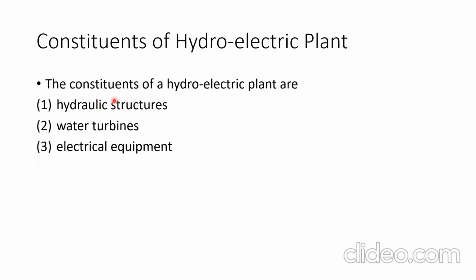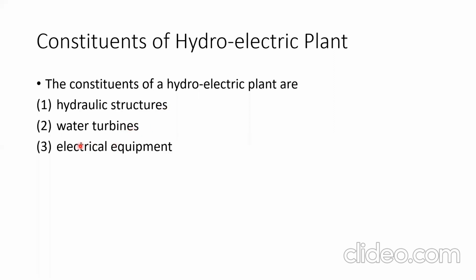The main constituents of a hydroelectric power plant are, first, the hydraulic structures, which constitute the dam, spillways, penstock, and surge tank. Second is the water turbine. Various types of water turbines are there, like reaction type or impulse type water turbines.